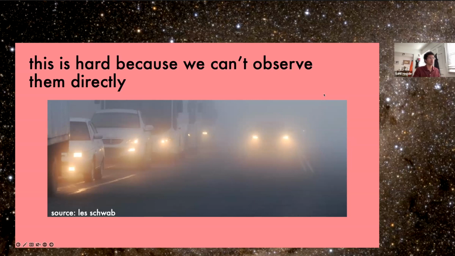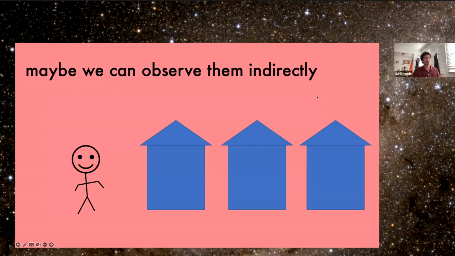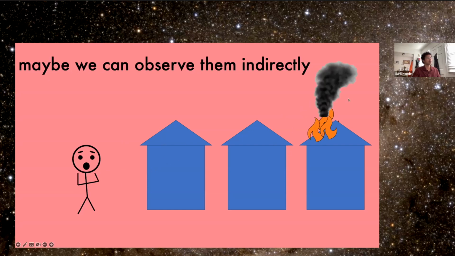So then what we have to do is become a little bit creative. This is where astronomers have thought about potentially observing these stars indirectly. The idea here is just like if you were walking along on this side of this set of houses, you can't really see anything on the other side of this first one. You can't see through the house. And suppose there was a fire, you may not be able to actually see that fire, but you can know that there's a fire happening because you see the smoke.